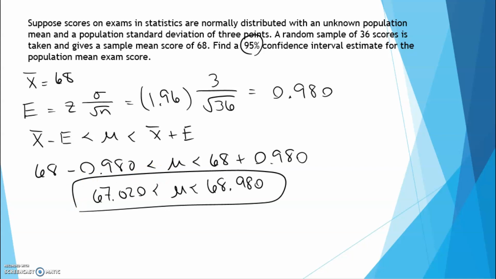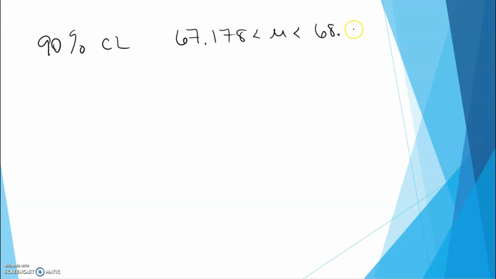Okay, now let's compare these two. For the first one, when I had a 90% confidence level, our confidence interval was between 67.178 and 68.823.